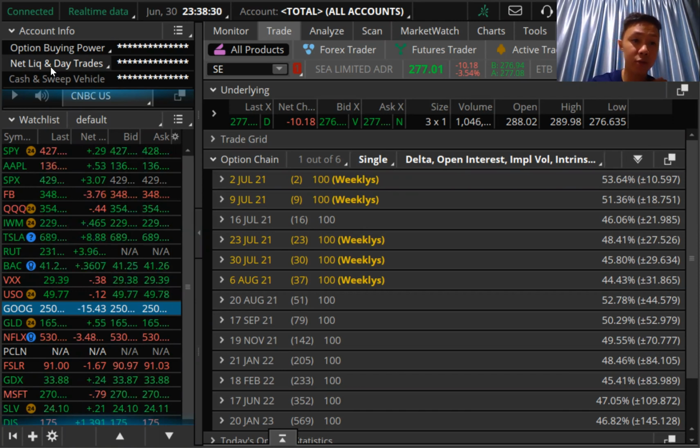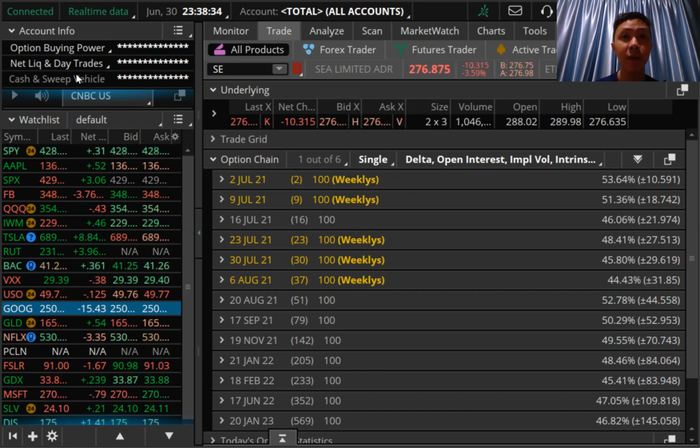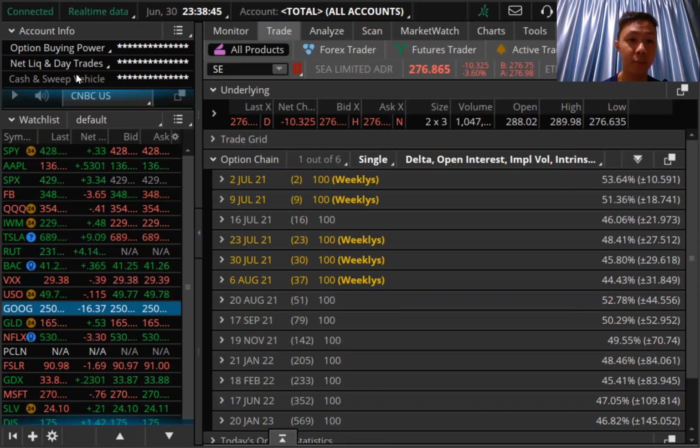If your account size is less than 25K US dollars, they don't encourage you to day trade. They actually restrict you from day trading with an account size below 25K, so there will be a limit.